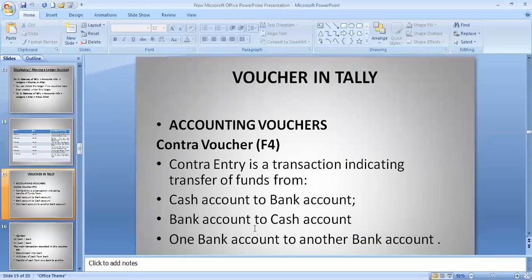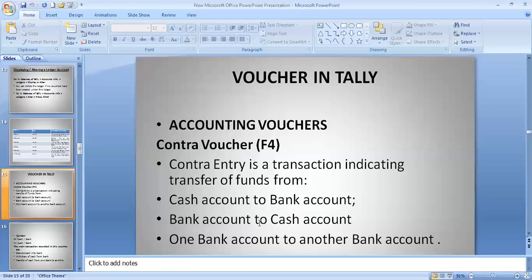Okay. Very important is vouchers in Tally. So in the vouchers in Tally transactions, we will be discussing the contra vouchers. Before moving on to the voucher entry transaction, we will learn what exactly a voucher is.